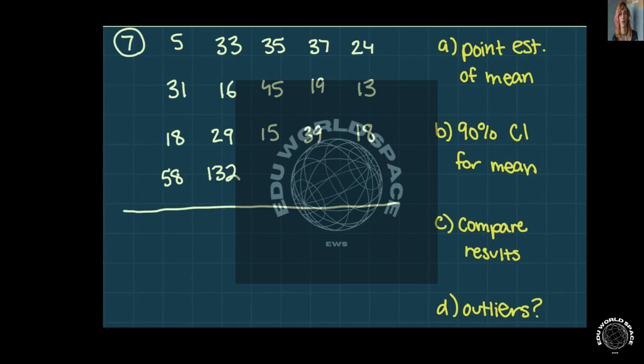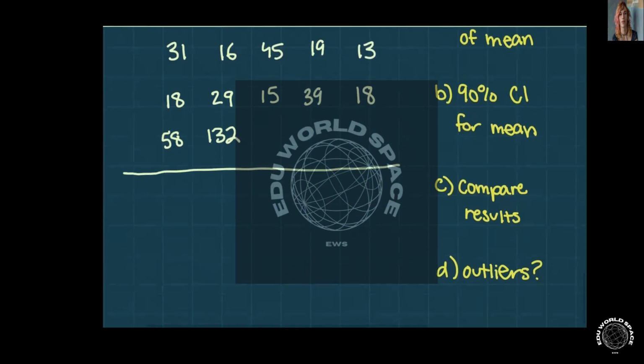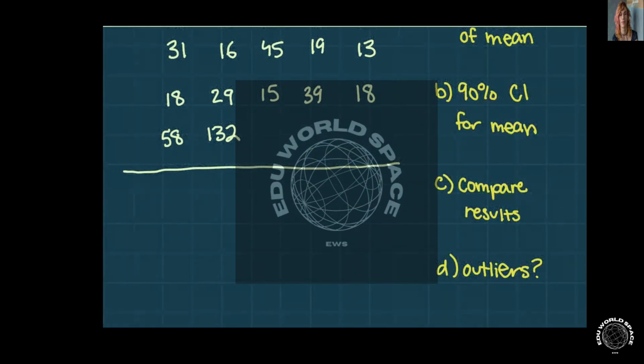The very first thing I'm going to do is calculate the sample mean. Recall that in order to calculate the mean, you need to take the average of all our different numbers. So if you do it correctly, you should get 33.4.